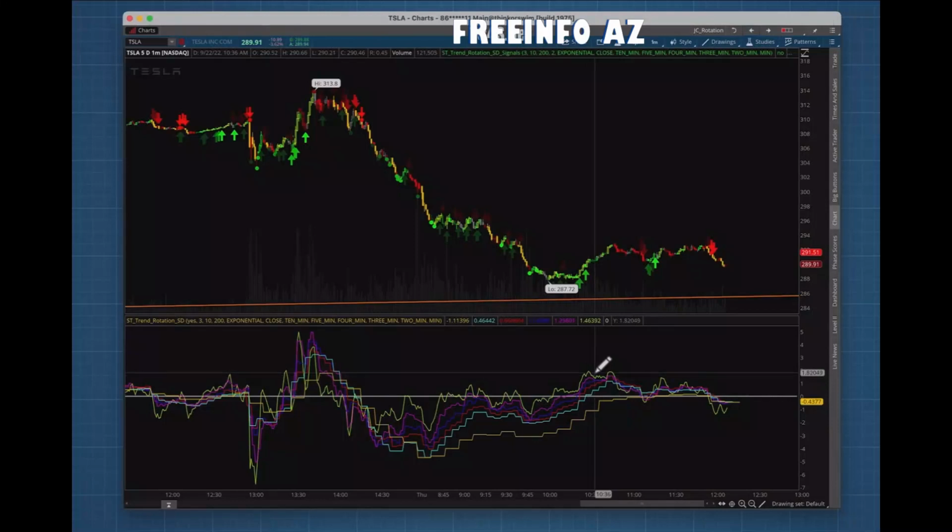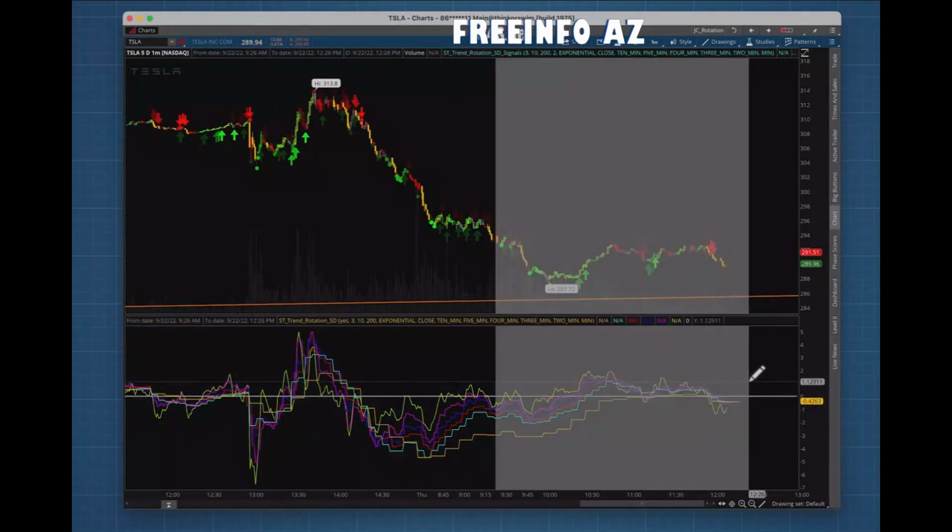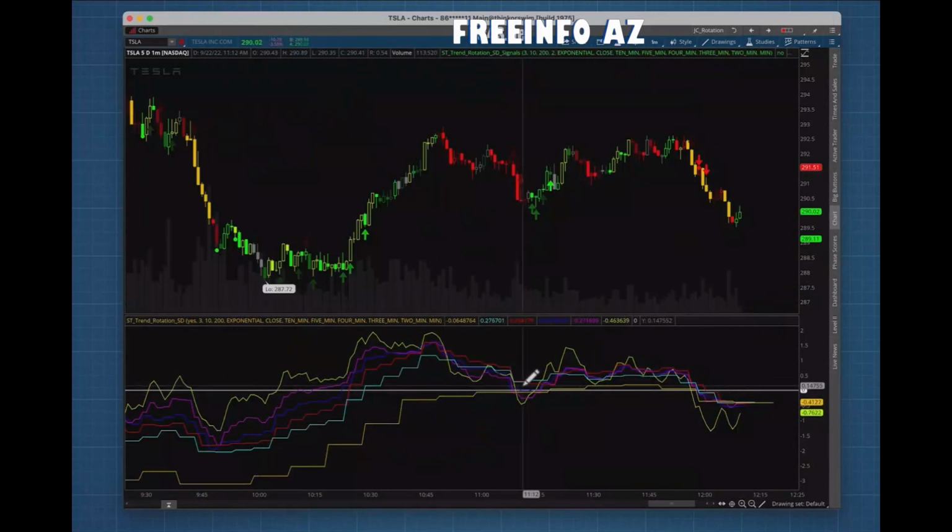A normal oscillator is usually unbounded, so the range of the oscillator depends on the chart you're on. If you're on a chart of a stock trading at $1,000, then the oscillations on the oscillator are big numbers, 10, 15 points.